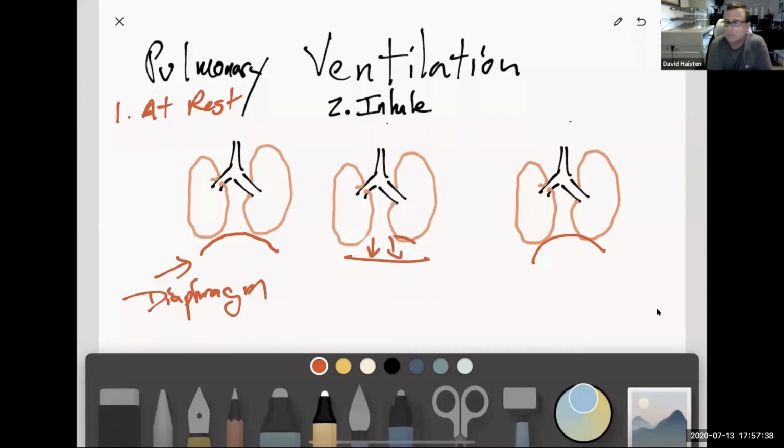The parietal pleura is kind of stuck to the top of it, so when it moves, it brings the lungs down with it. At the same time, your external intercostals are contracting. When they do that, they pull your ribs up and out. So the diaphragm contracts, the external intercostals contract, and your thoracic cavity expands.